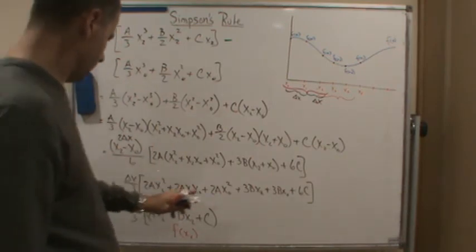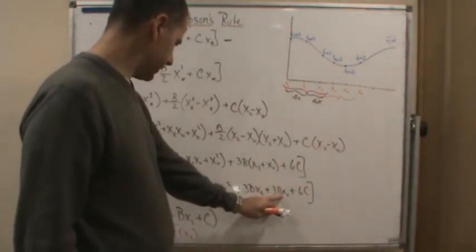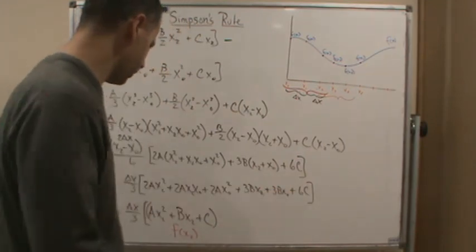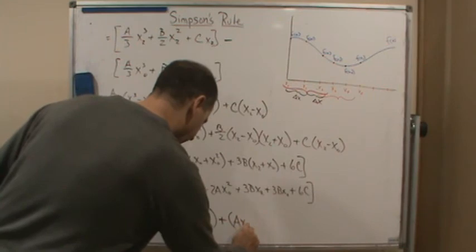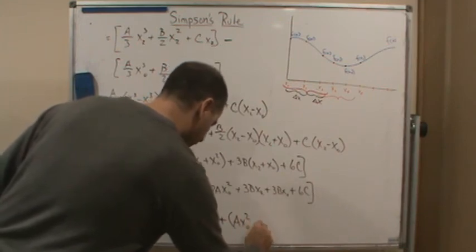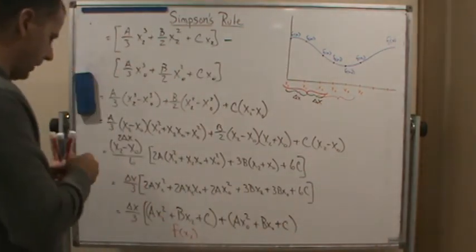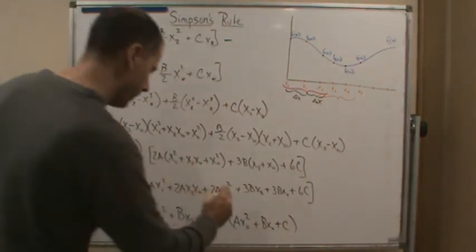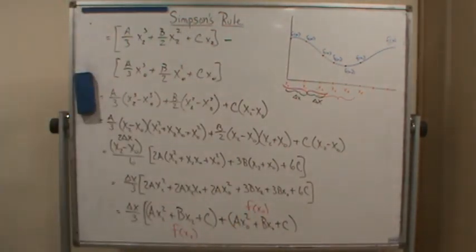So f of x2, and then what else do we have? We have x0 squared, and we have x0, and we could take another c. So we got ax0 squared plus bx0 plus c, and that's going to give us f of x0, right?